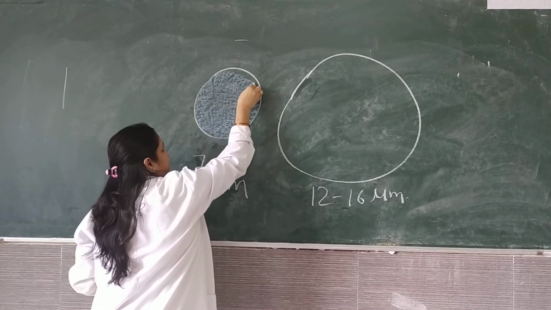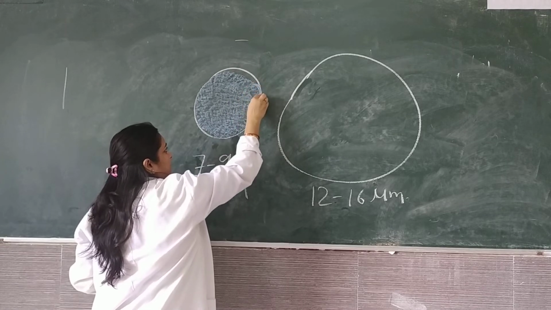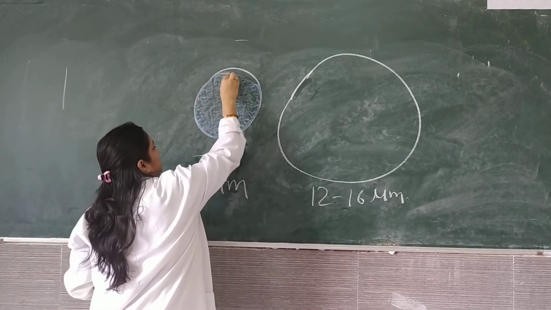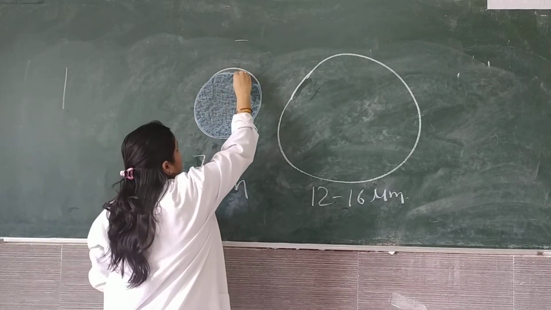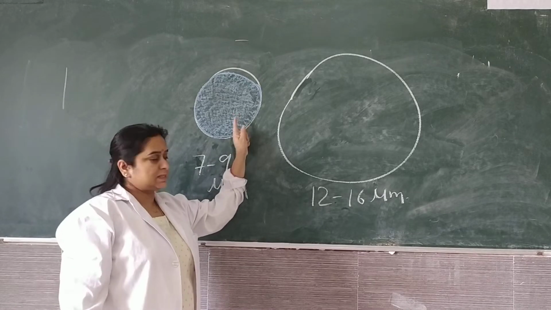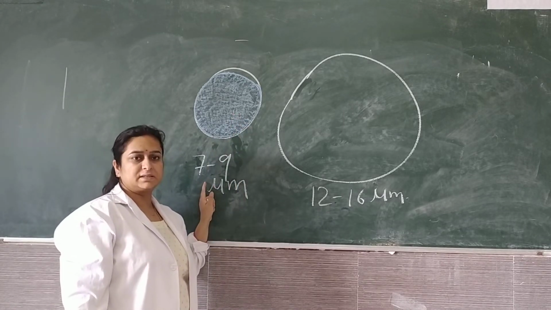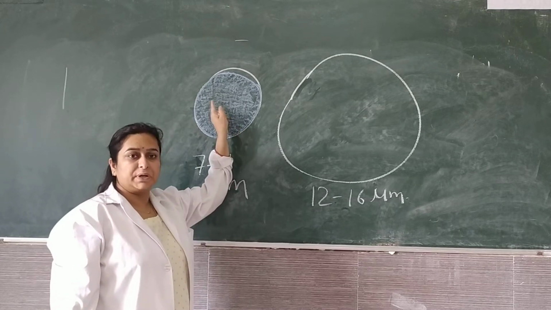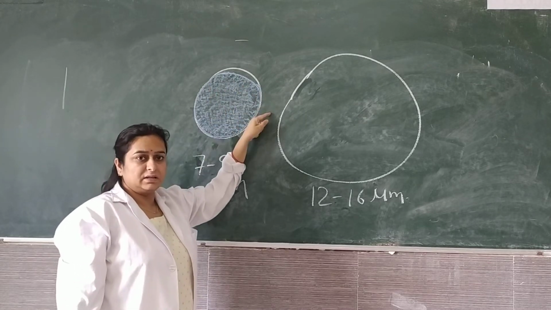So the nucleus will completely occupy the cell. The size of small lymphocyte is 7 to 9 micrometer, and the nucleus will completely occupy the cell.